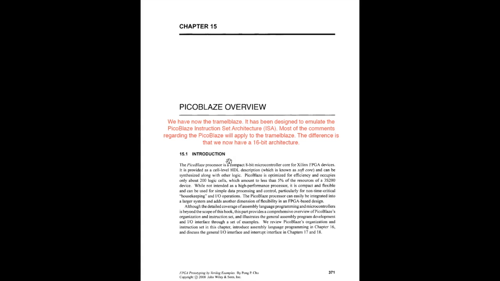Most of the comments that Pong Chu makes regarding the PicoBlaze apply to the Trammel Blaze. The difference is now we have a 16-bit architecture. He talks a little bit here about how much space within the FPGA the PicoBlaze takes. I have not got to that point with the Trammel Blaze yet, so that'll be a future discussion.